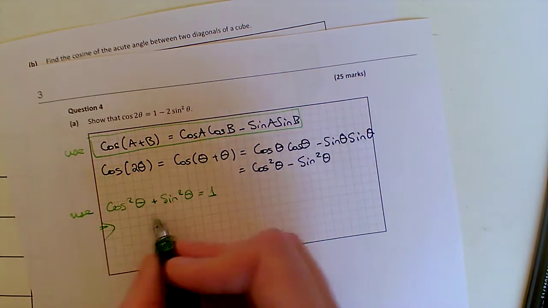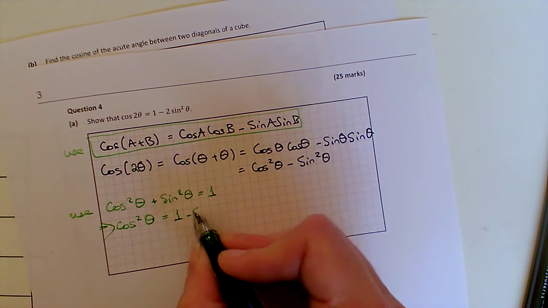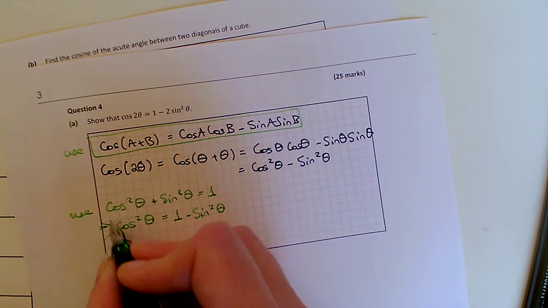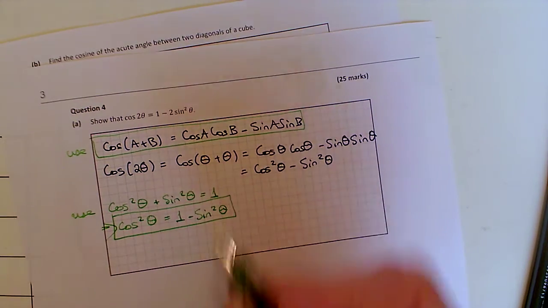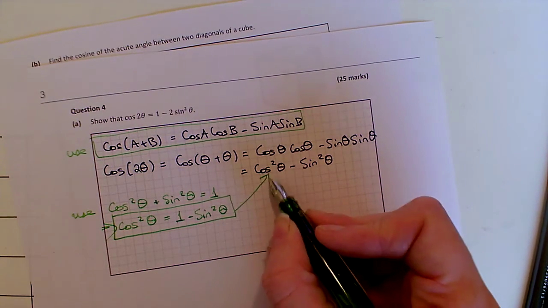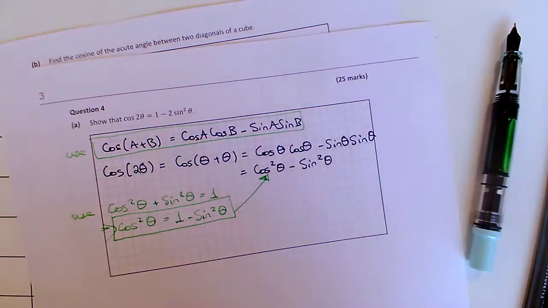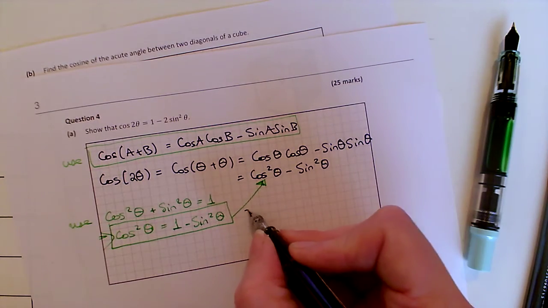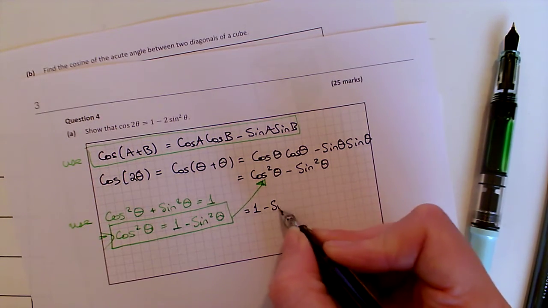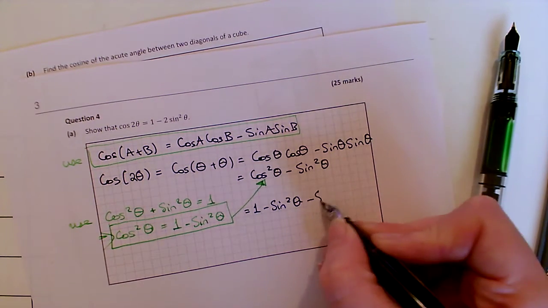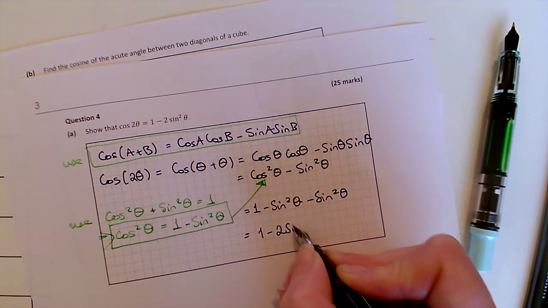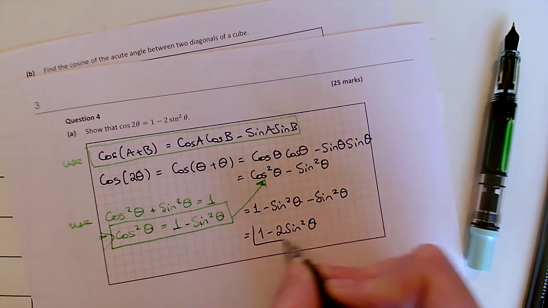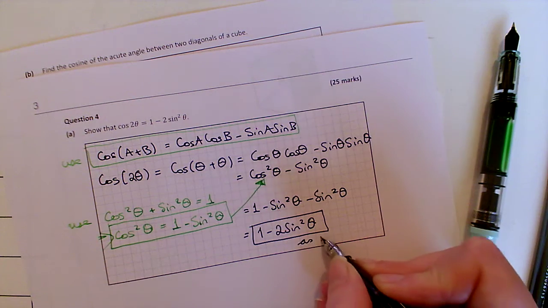So this tells me that cos squared theta is equal to 1 minus sine squared theta. What did I do there? I brought the sine squared to the other side. So that means that I can replace the cos squared here, and I've got that this is equal to 1 minus sine squared theta minus sine squared theta again, and that is 1 minus 2 sine squared theta as required.